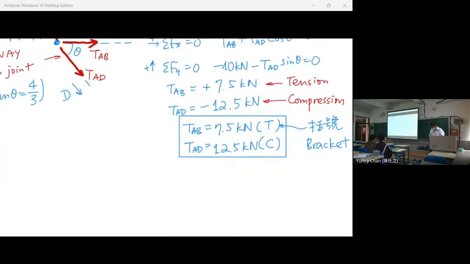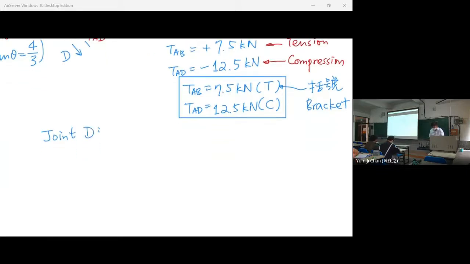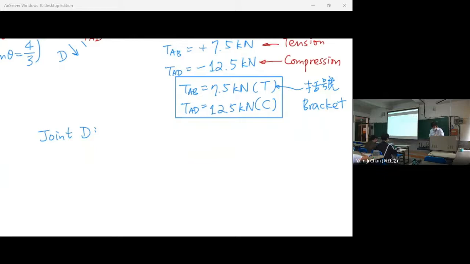For example, we look at joint D. Which members are connected to joint D? Connected to, connect to.